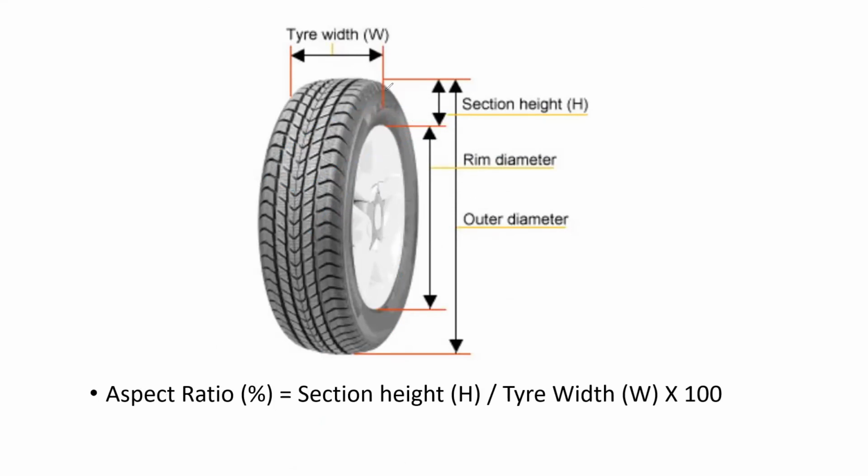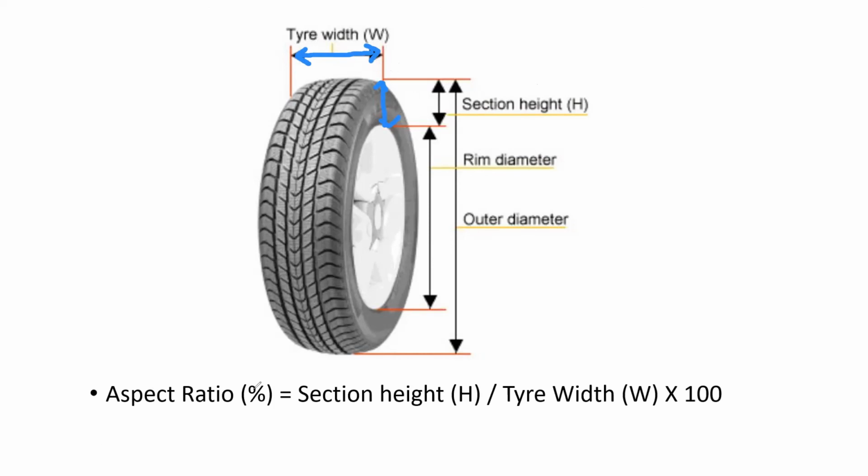Section height means the side wall height, right? Side wall height of the wheel is divided by tire width, then multiplied by 100. That's actually called the aspect ratio. So by using these two codes, we should be able to say how much the tire side wall is.